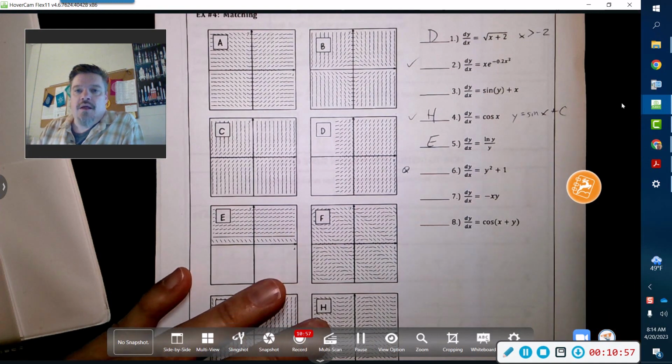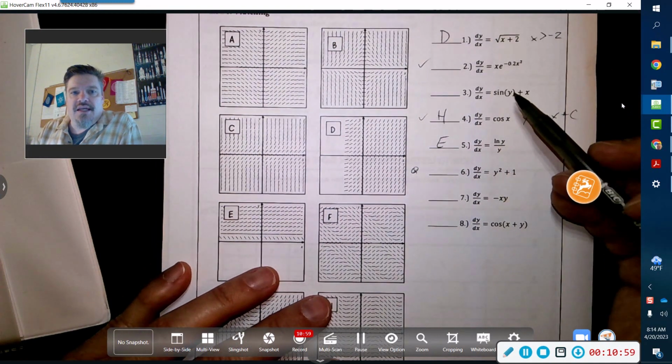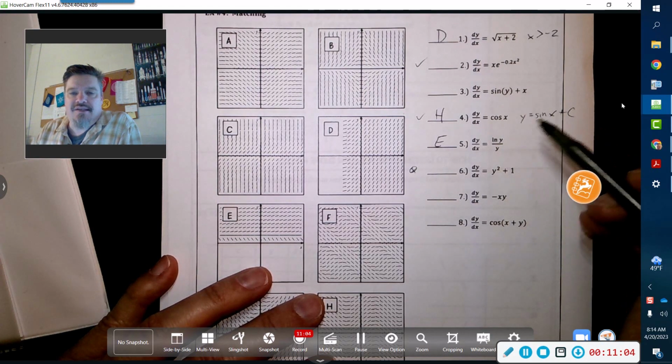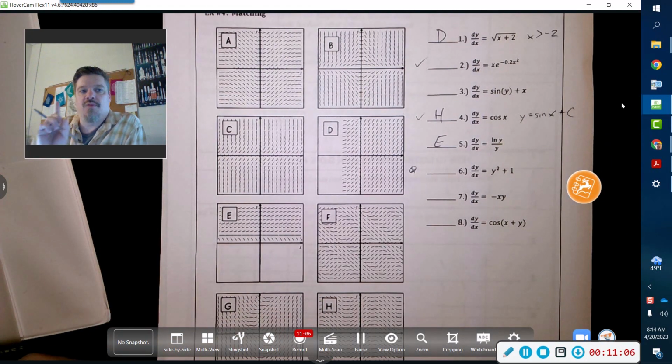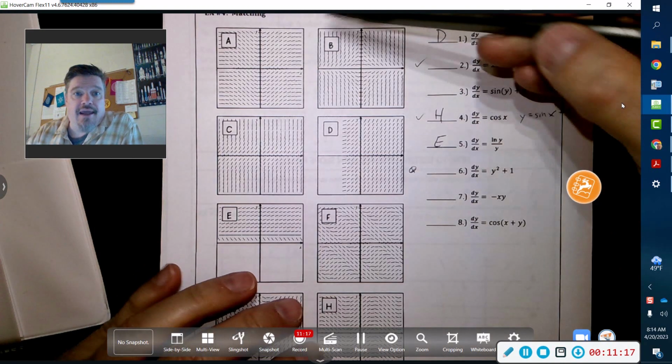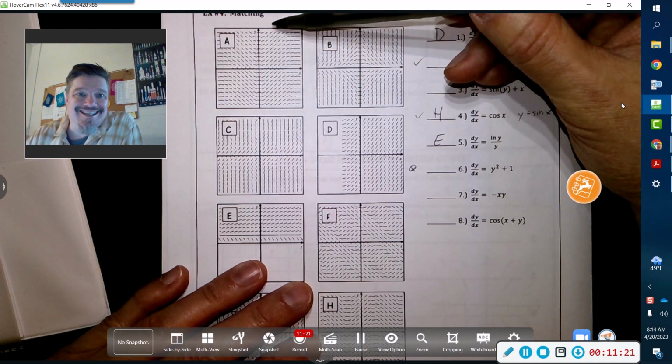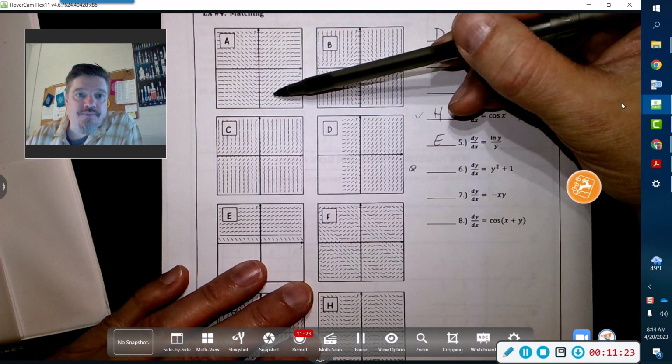Now this one is another where only the x's are changing as we move from left to right, but not up and down. If you look carefully, there's only one of those that does that. If you look at A right here, notice that as you go up and down, it has a consistent pattern.